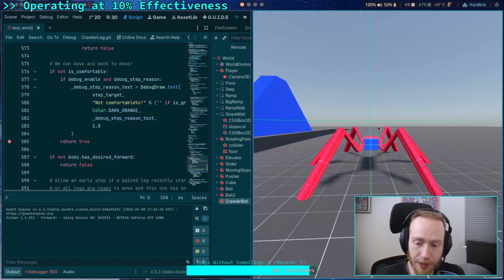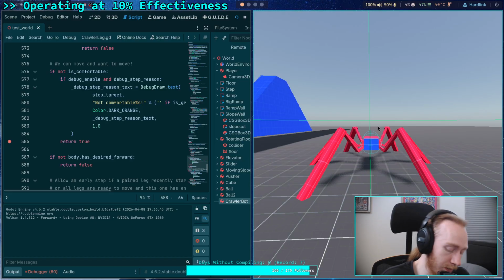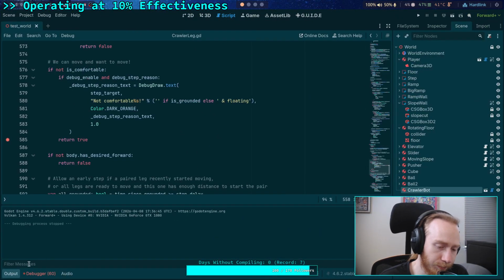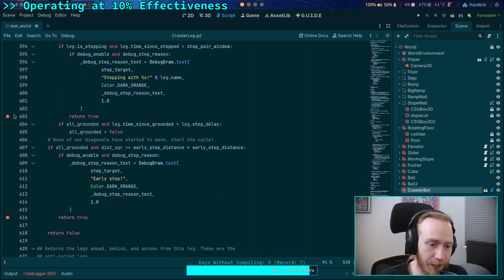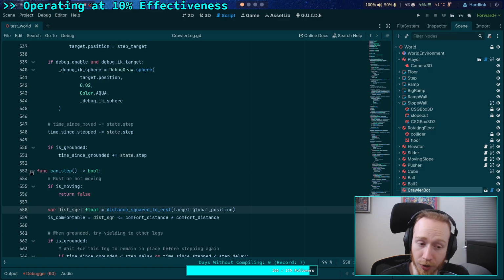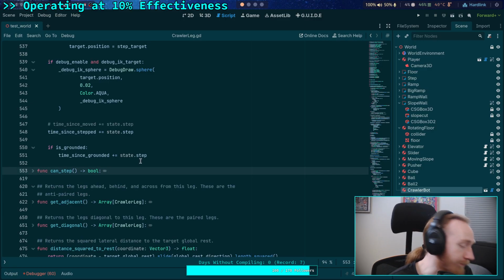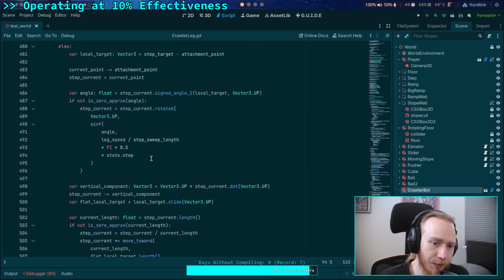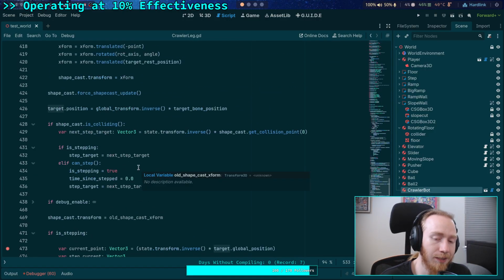I also realize the IK targets technically move. They shouldn't be moving like this. They should be trying to stay where they originally were. Yeah, right.